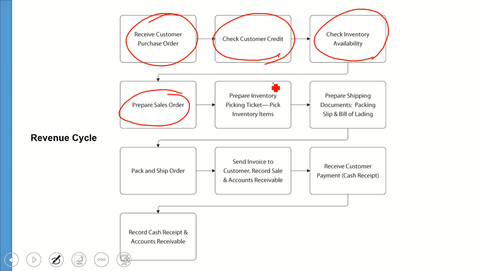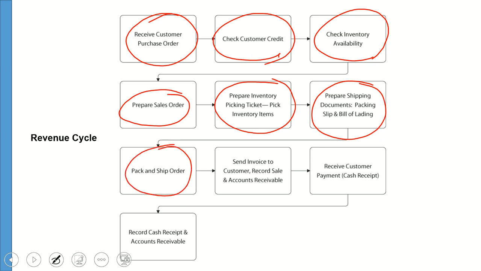After that, prepare an inventory picking ticket and pick inventory items from your store. Then you will prepare shipping documents like the packing slip and bill of lading. Then you will send these items after packing.